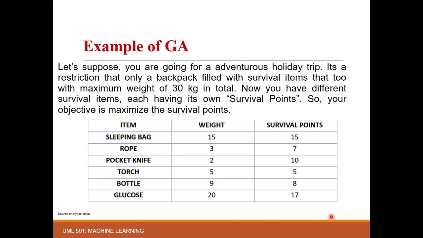It depends on your selection criteria, and how intelligently you are selecting the items so that your survival points can be maximized. So this is our knapsack problem: select the maximum survival points with a condition of 30 kg in total weight. Let us solve this problem with the help of the genetic algorithm.